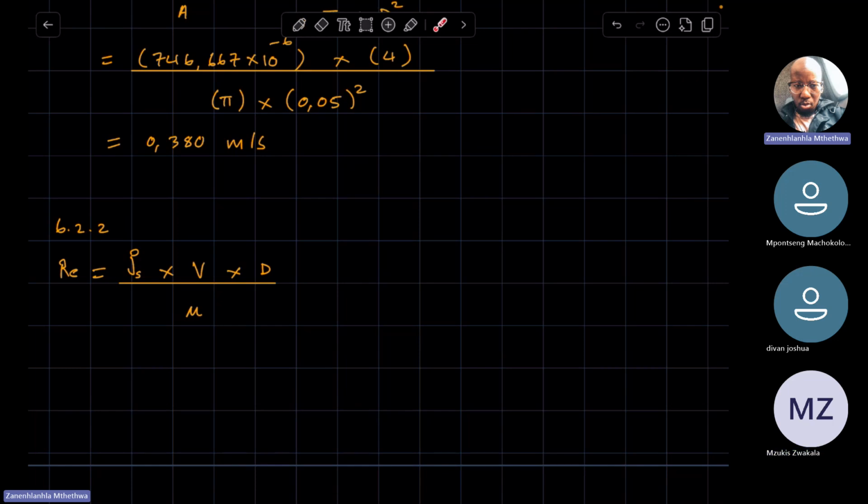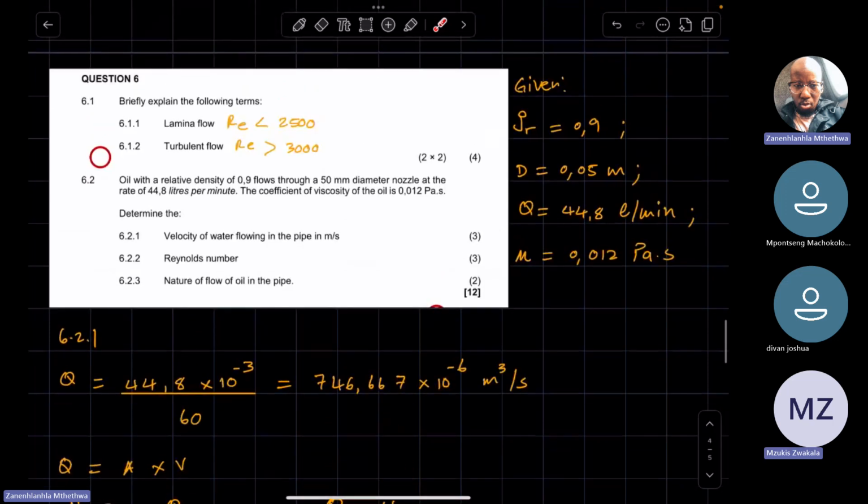We have the velocity, the diameter, and the coefficient of viscosity. What we don't have at the moment is the substance's density. What we have instead is the relative density of the substance.